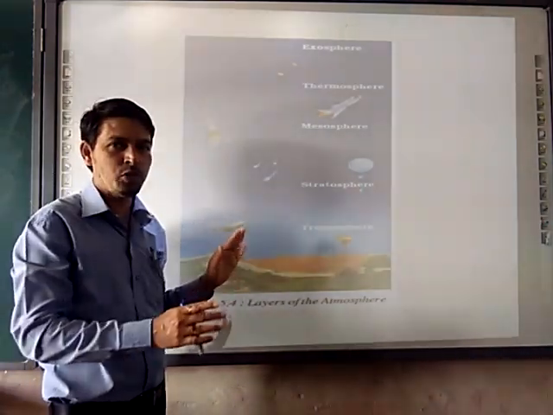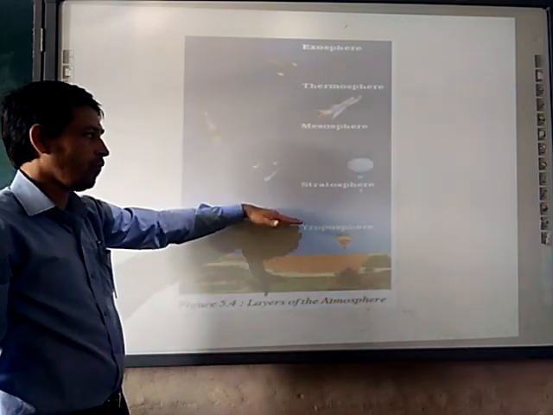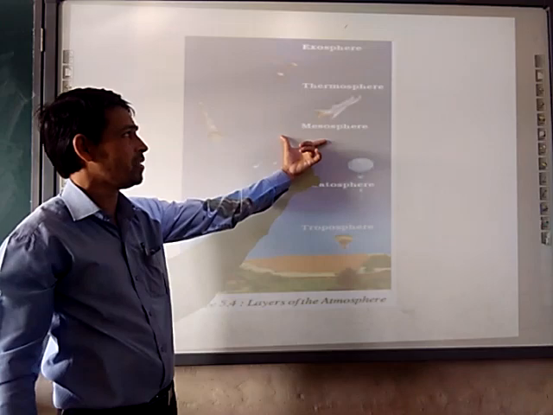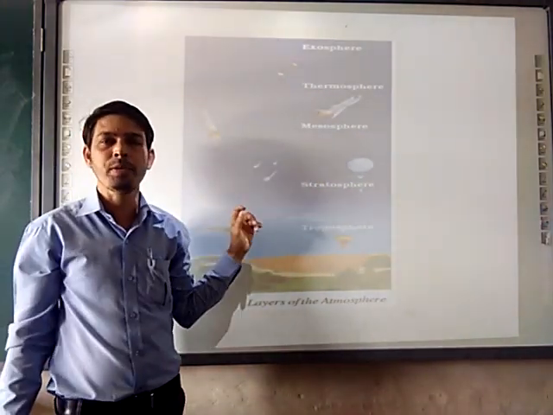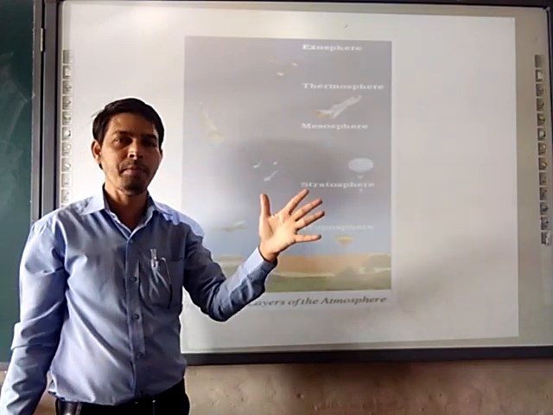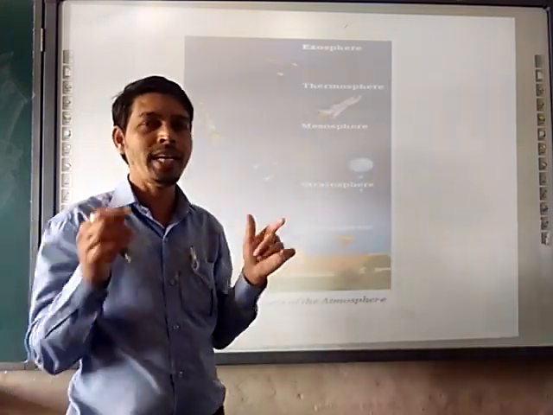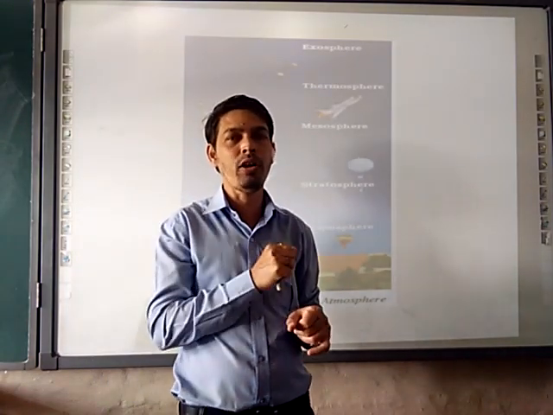A simple diagram should be there: a rectangle divided into 5 boxes. In each box you have to write troposphere, stratosphere, mesosphere, thermosphere, exosphere. This diagram is going to be asked in the examination for 5 marks. For that purpose, it is very important. Please draw it, click a photograph and send it to me on my WhatsApp number so I can check your homework.